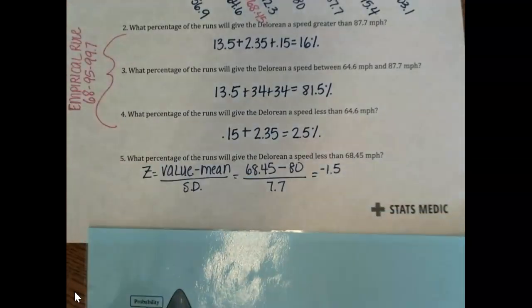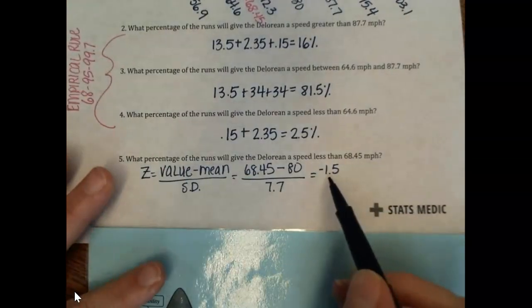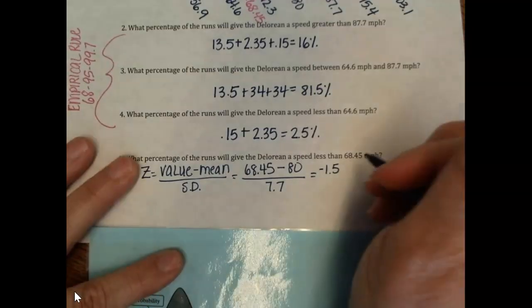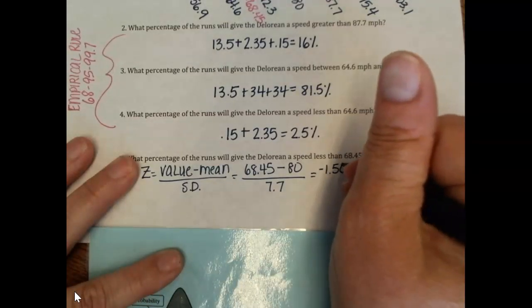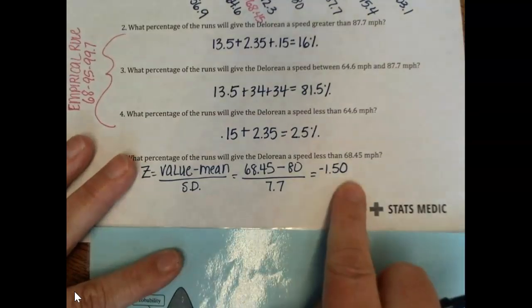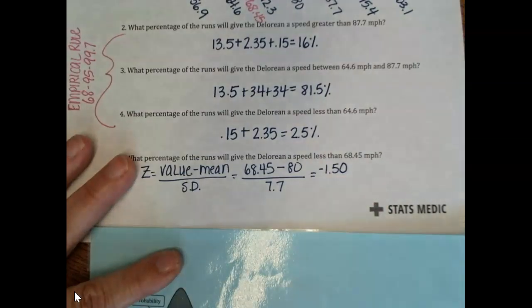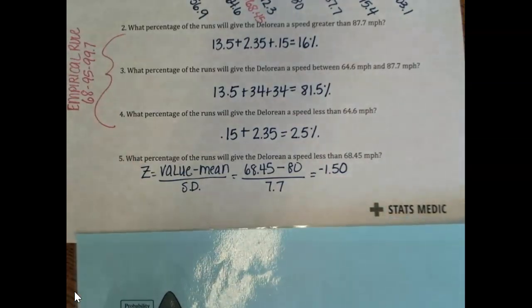You've got a number in the 1 spot, a decimal, a number in the 10th spot, and a number in the 100th spot. So when I look at my z-score here, I've got a number in the 1 spot, a decimal, a number in the 10 spot, and then I'll just put a 0 here. That's my third number. I need to find this z-score, and this table will tell me the percentile, or the percentage of people below that number.